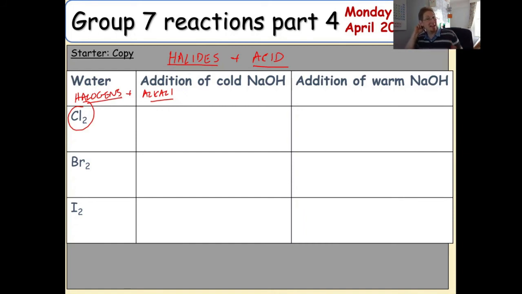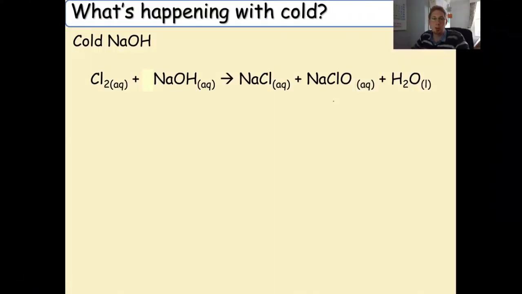We're reacting the halides with acid, we've just seen that, but here we're reacting the halogens with alkali. So hopefully you remember that when you add a halogen to cold sodium hydroxide, you get the chloride and you get the chlorate(I).